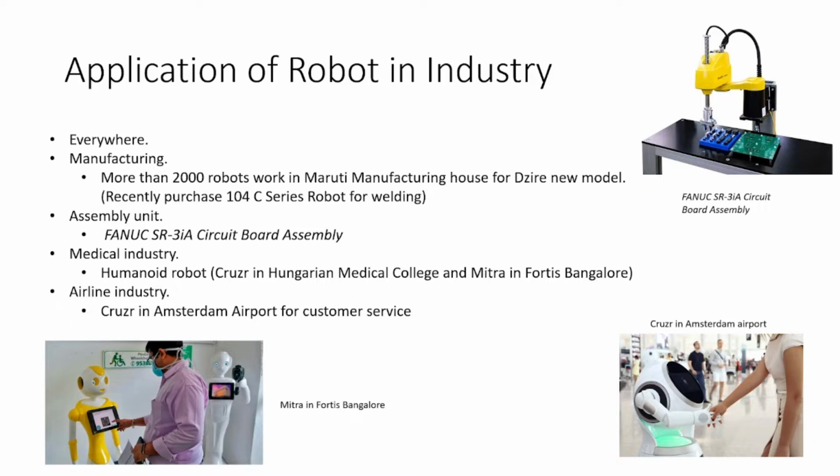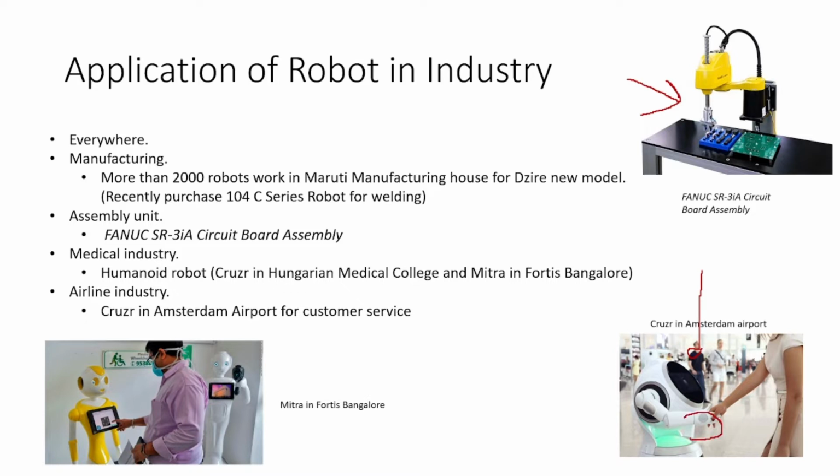If you see this robot very carefully, this is the FANUC robot, a very well-known one-arm robot, which is used for semiconductor assembly, like motherboard assembly. Can you imagine human hands doing this assembly? This one is my major interest. This is a cruiser, one of my best friends. It has sensors.